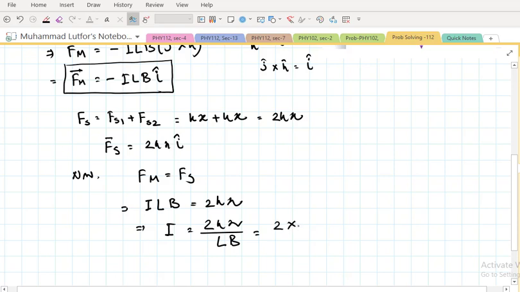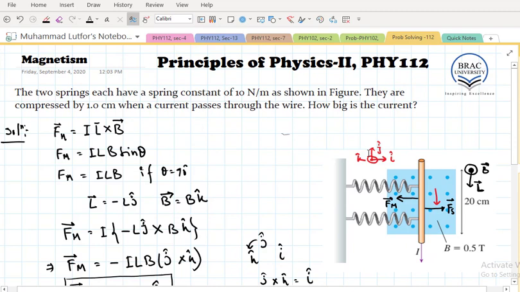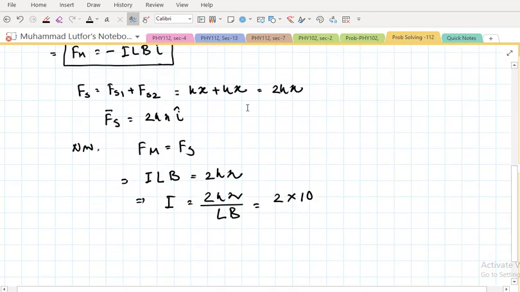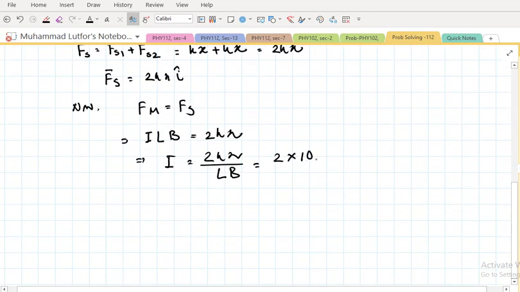So the K is basically 10 Newton per meter. That gives me the spring constant of this spring, and it's compressed 1 centimeter. I have to convert that into meter: 1 into 10 to the minus 2, divided by length.